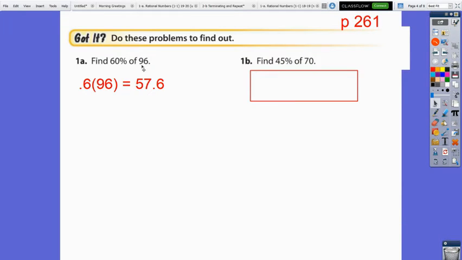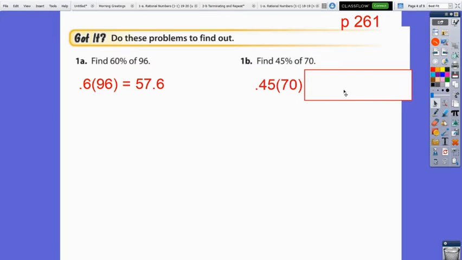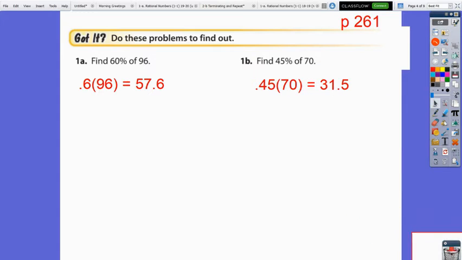Yeah, a little more than half. Okay, makes sense. Reasonable. 45% of 70. So in your calculator, 0.45 times 70, and that equals 31.5, a little less than half of 70.